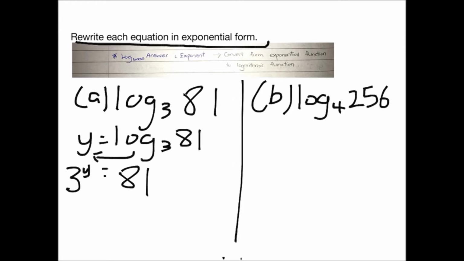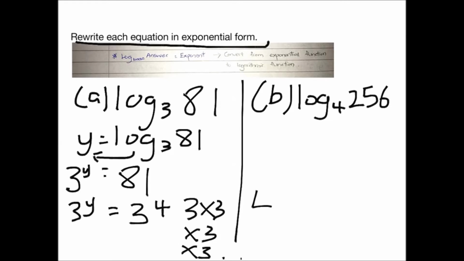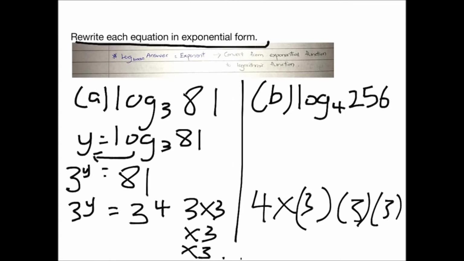So you just put 81 there. Next you have to simplify this. We know that it's 3 to the power of y, and it's 4: 3 times 3 times 3 times 3 in order to get 81. Okay, give me a moment.